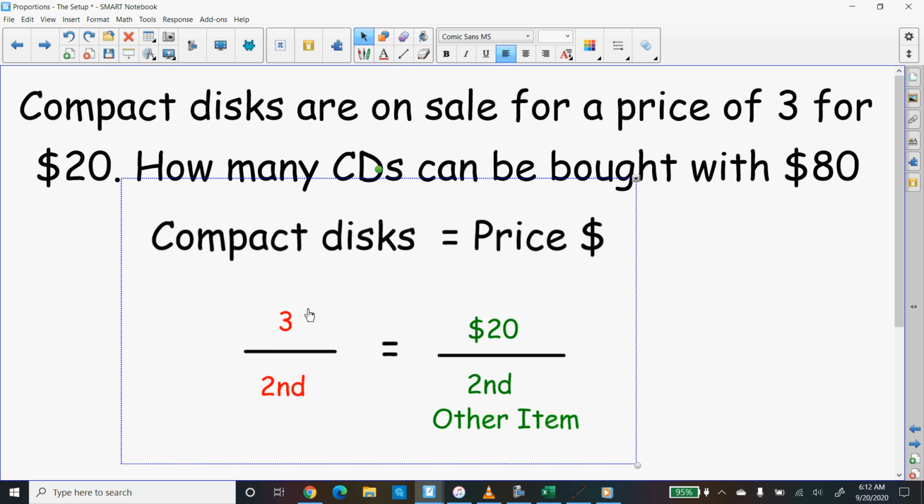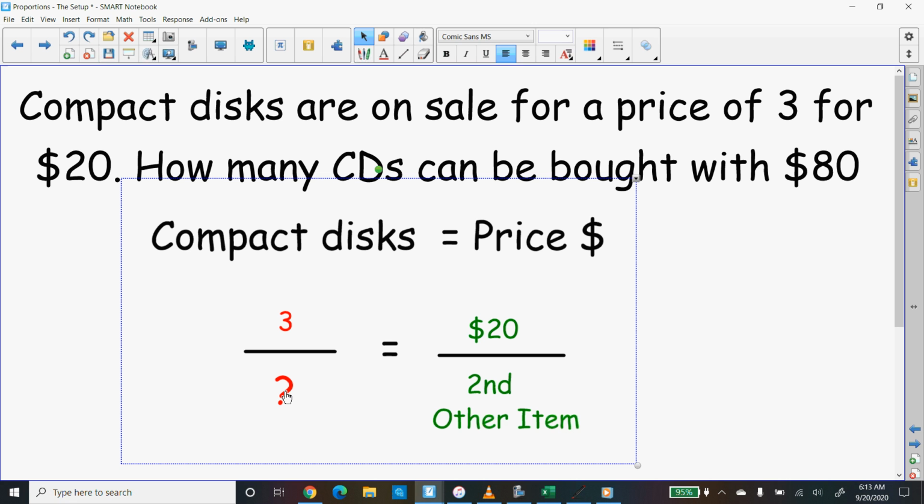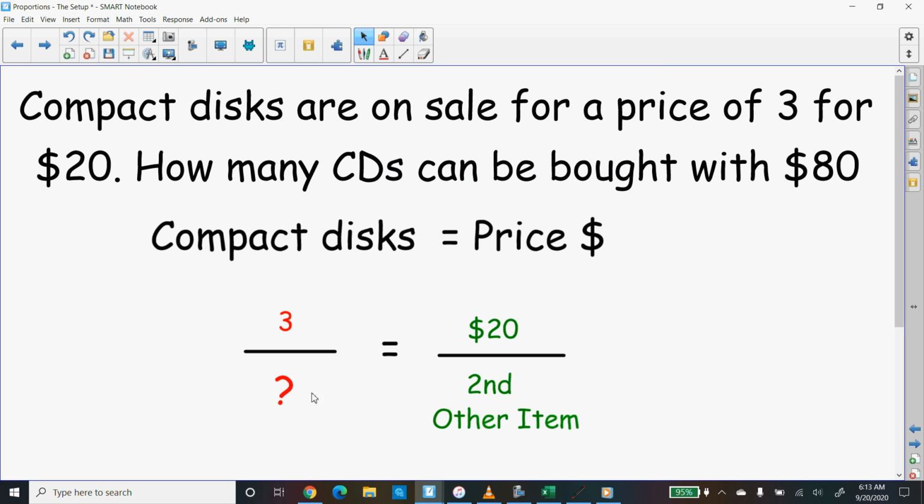All right. Now, what was the compact disc they mentioned? They said, how many compact discs can be bought with $80? Well, they didn't say how many compact discs could be bought. So when I see a question mark of how many, I write a variable in its place.